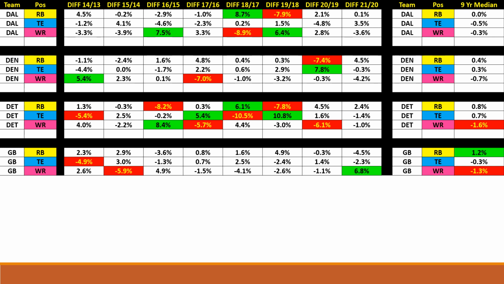Green Bay, last 9 years, the RBs have gone up, but the WRs have declined. However, last year it was the other way around. So they were declining RBs. People were thinking that Dillon is going to encroach more on Jones. I think it's kind of like a Dallas situation.